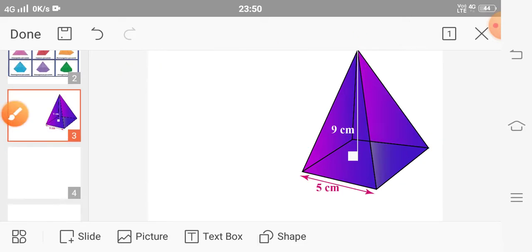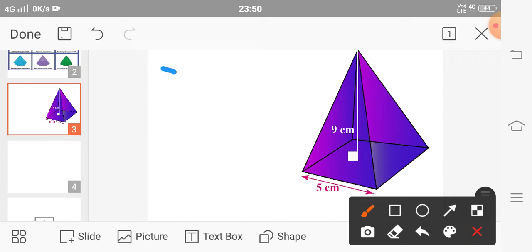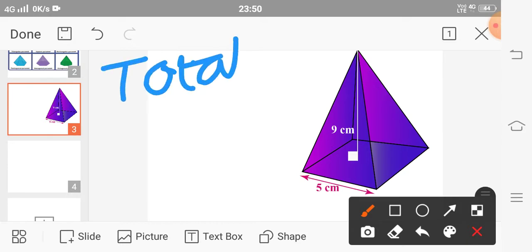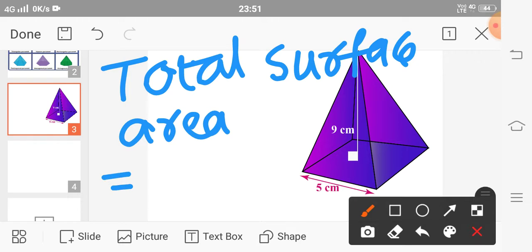Next one is total surface area. Total surface area of a pyramid. In this pyramid, what is the total surface area?